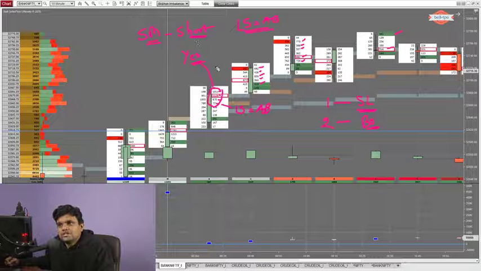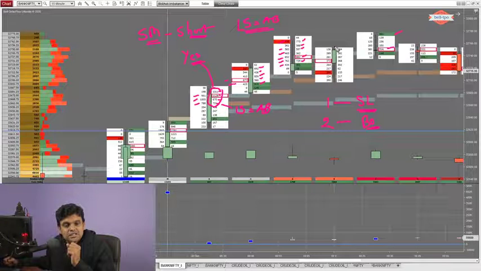You also see some aggressive selling happening. You can see here 800, 1000, 900, 900, 400, 600, 400, 800, 700, 400, again 400. So who are these aggressive sellers?